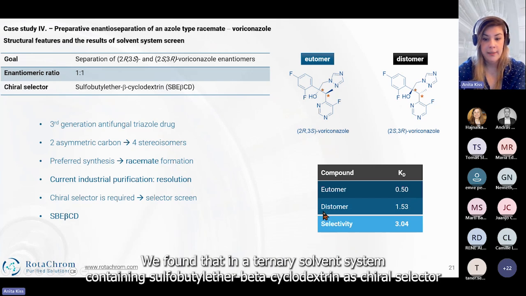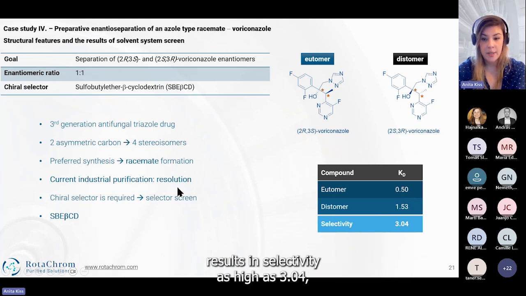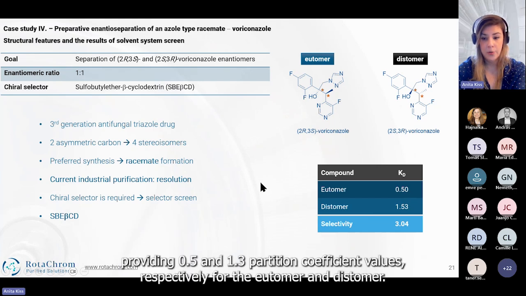We found that a ternary solvent system containing sulfobutyl ether beta cyclodextrin as chiral selector results in selectivity as high as 3.04, providing 0.5 and 1.3 partition coefficient values, respectively, for the two isomers.